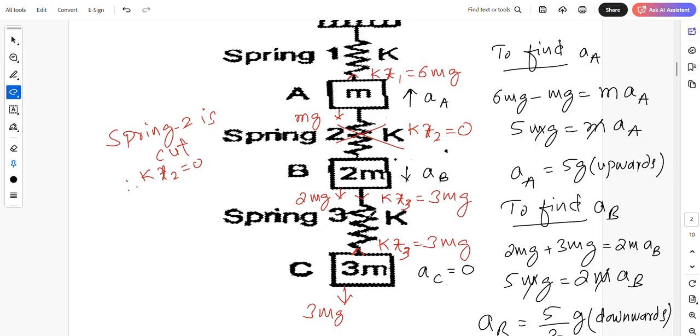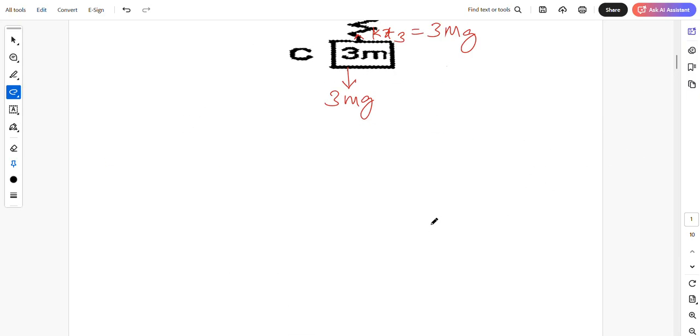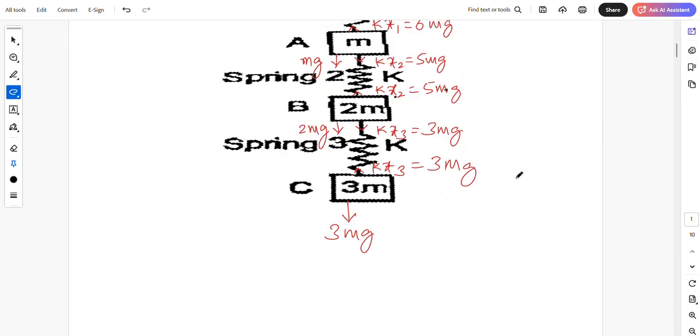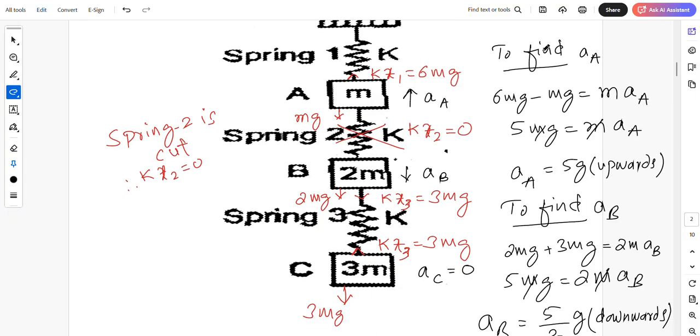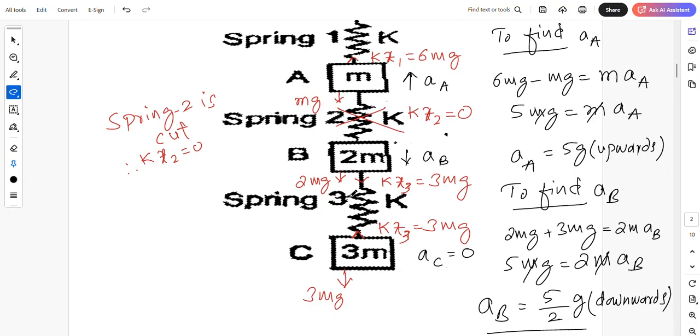There is no effect on the other spring forces. This is spring 3, therefore we write Kx3. This is spring 2, therefore Kx2, spring 1 is Kx1. Kx2 is 0, Kx1 and Kx3 will be as they are.